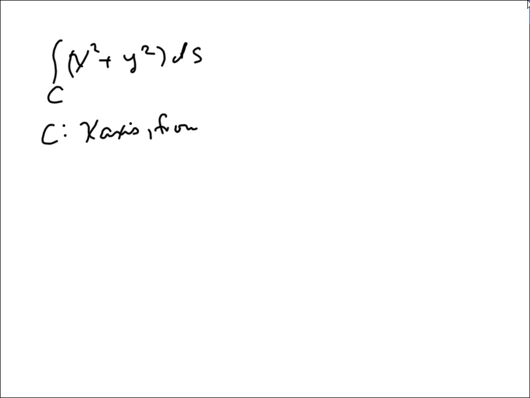So suppose you have the integral of x squared plus y squared ds over some path, and that path happens to be along the x-axis from x equals 0 to x equals 3.